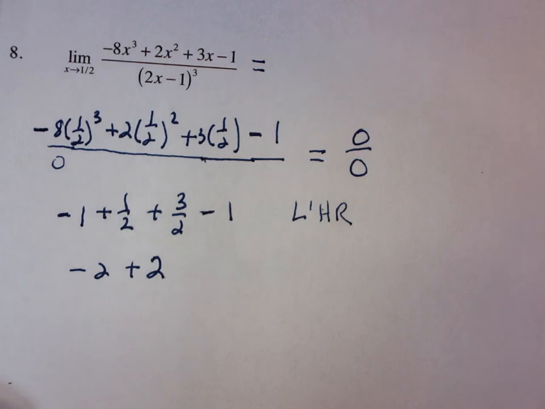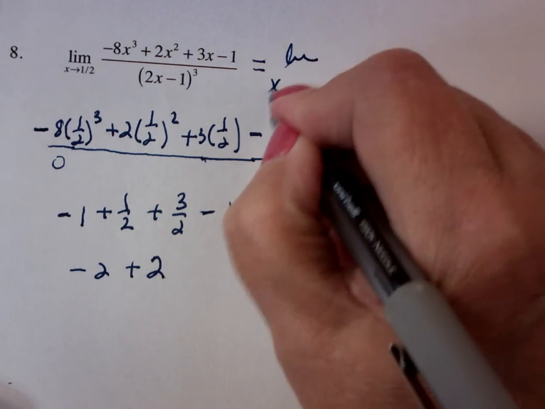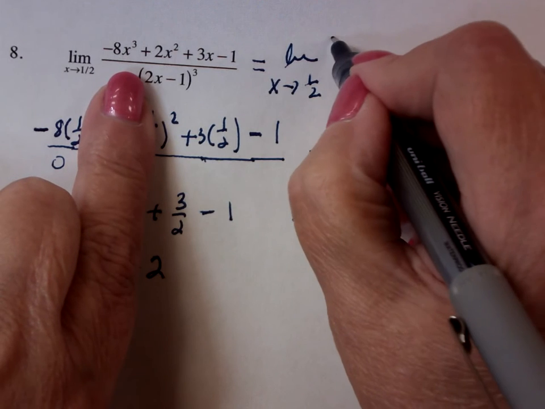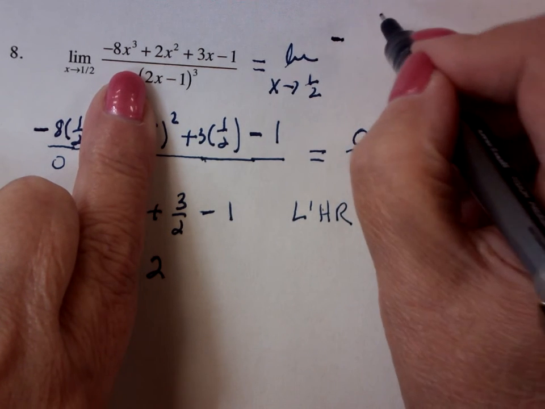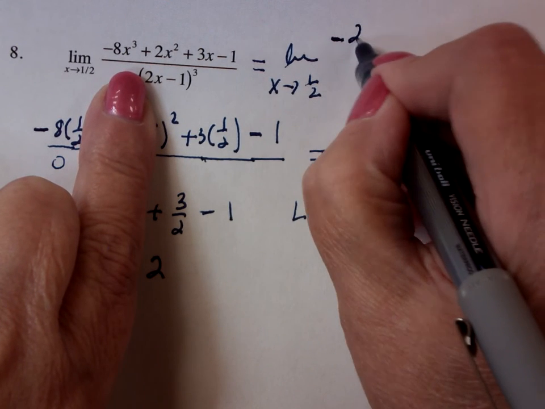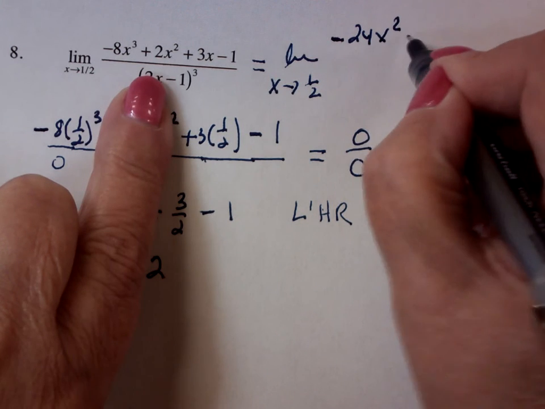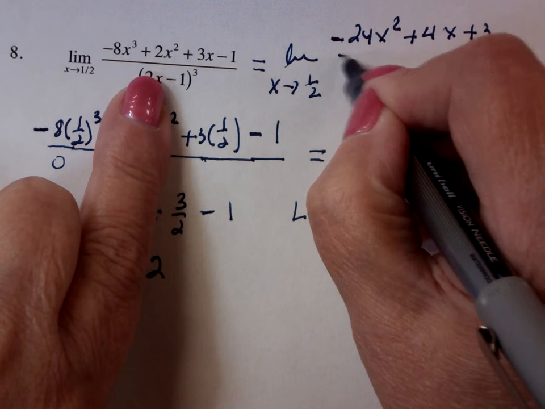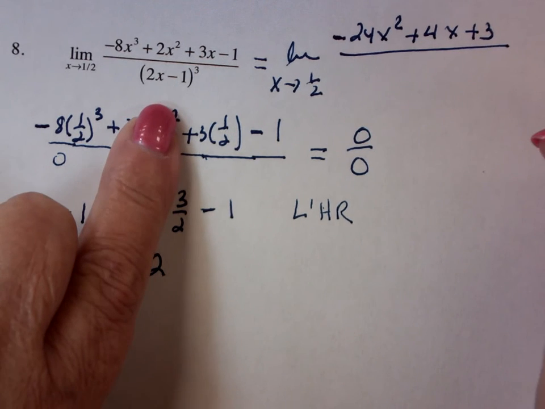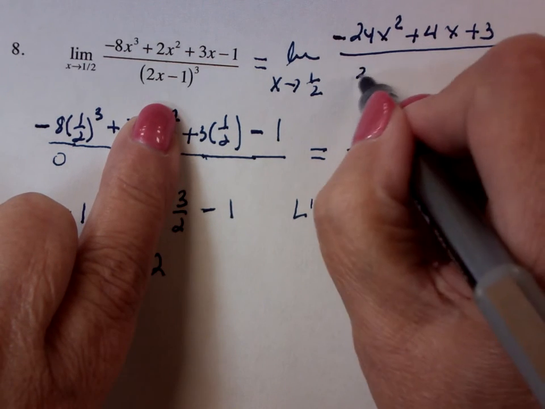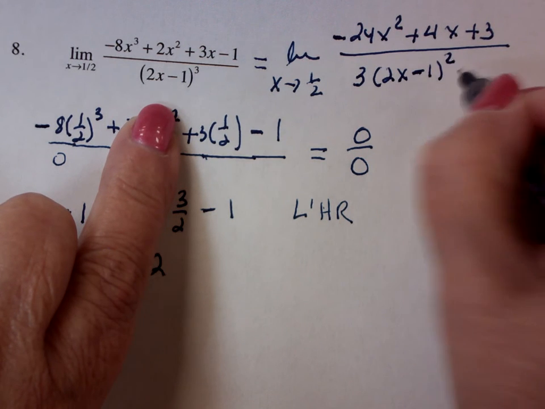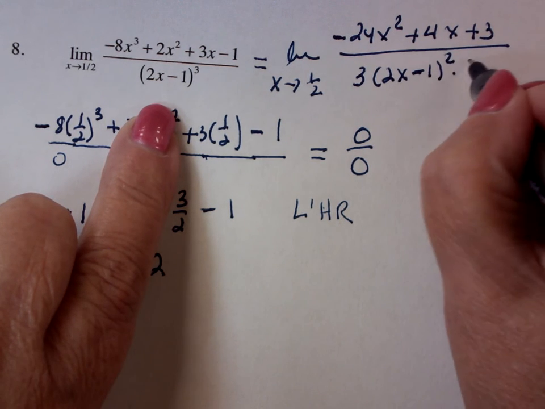So this is going to become the limit as x goes to 1/2 of, derivative of the numerator is minus 24x squared plus 4x plus 3 divided by 3 times the blob times the derivative of the blob.